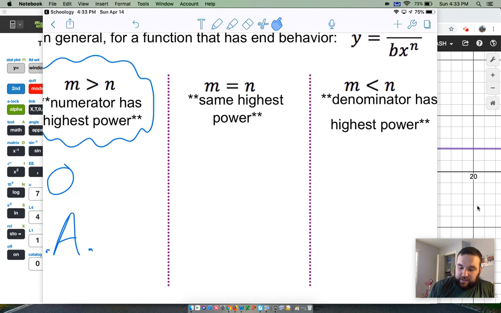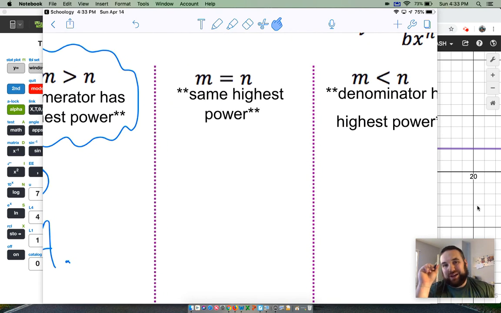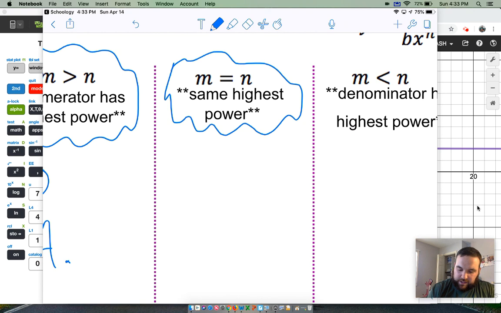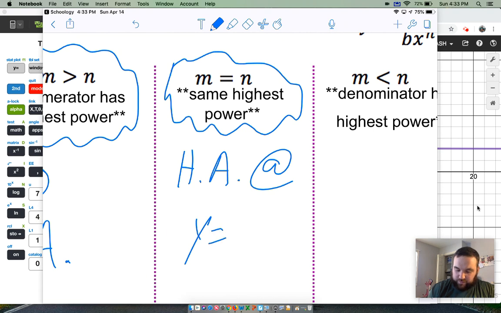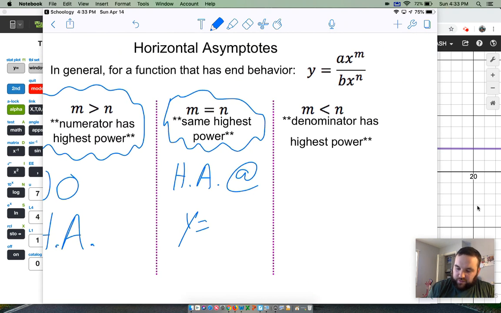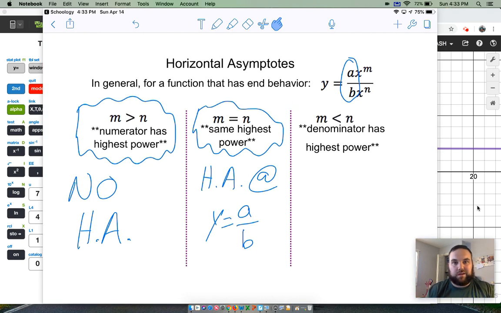If the highest power in the top and bottom is the same, so if the largest power is the same on both top and bottom, then this will have a horizontal asymptote, and that will be at y equals, and then all I'm doing is taking the coefficients. Right now, this seems like, what the heck are you talking about?